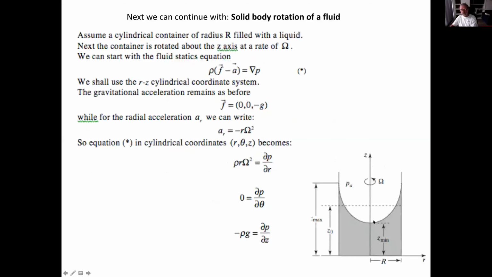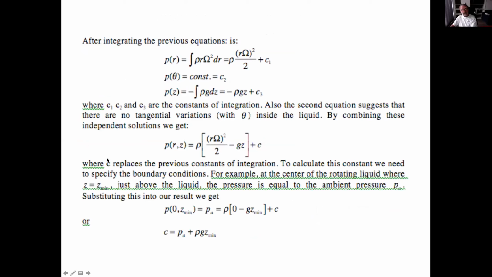So we're going to call that distance minimum. So we think there's a minimum distance here, Z minimum. And at this point at Z minimum, we think that the pressure is equal to P_A because it's on the interface, on the surface. So if we put in this boundary condition, okay, let's go back.